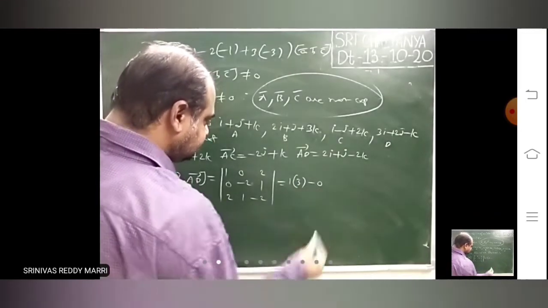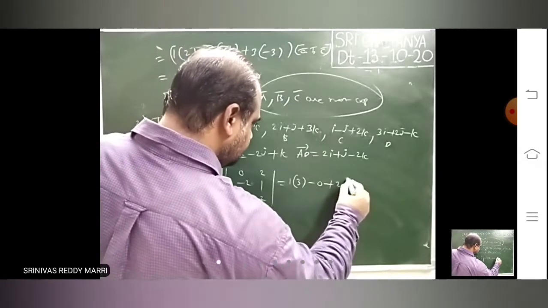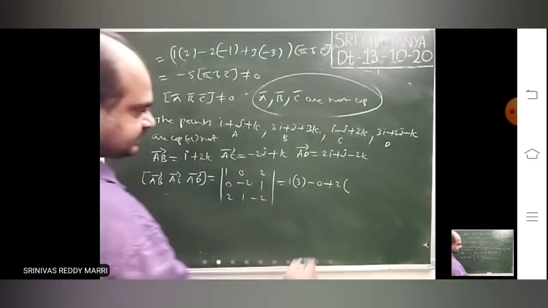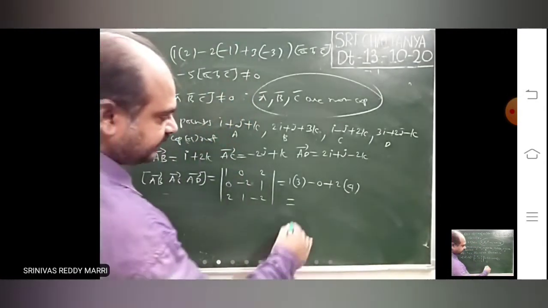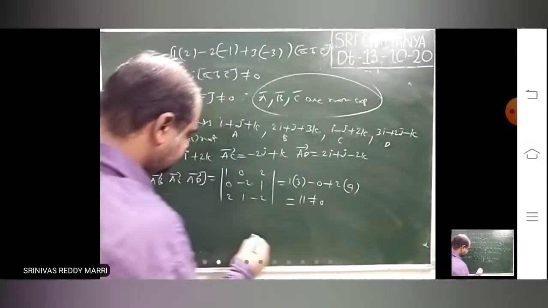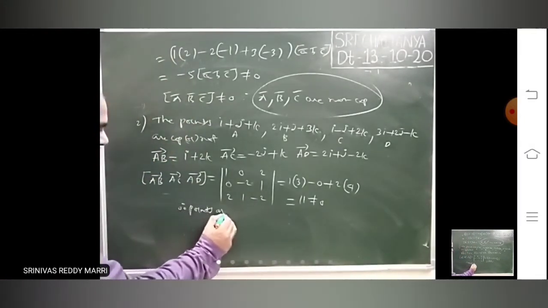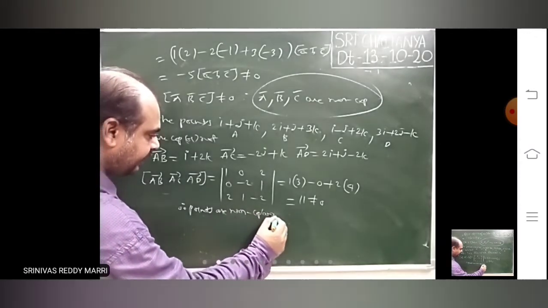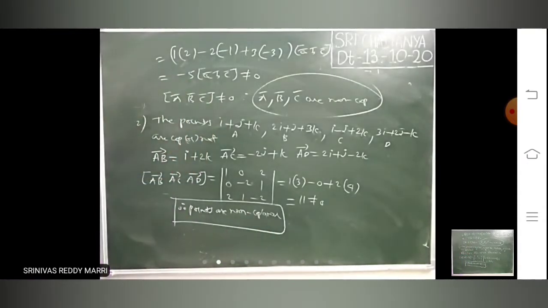So minus, this is 0. 2 into, so 2 into 0 minus of minus 4. That means 3 plus 8, 11, not equal to 0. Therefore points are non-coplanar. All those 4 points will not lie in one plane.